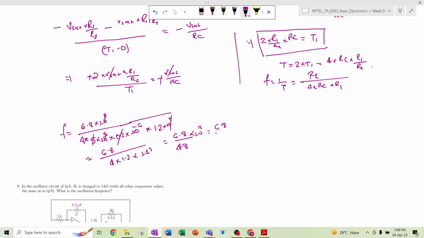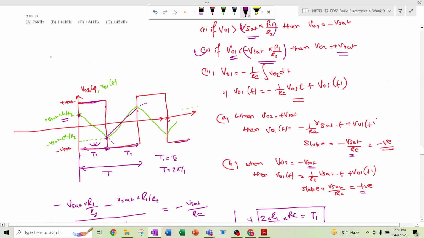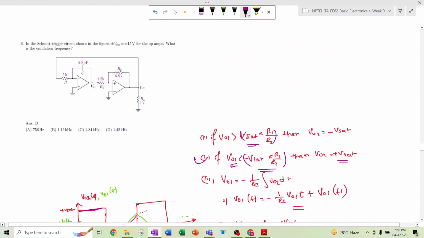That means 6.8 divided by 4.8, this much kilohertz. So what is the answer? 6.8 divided by 4.8 will be 1.416, so 1.416 kilohertz. This is the frequency of the oscillation. So the correct answer will be 1.42 kilohertz, right? Option D.